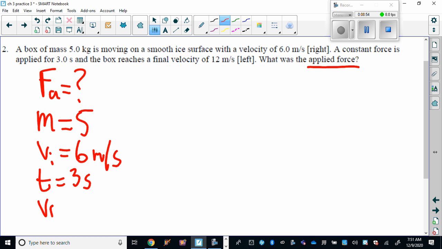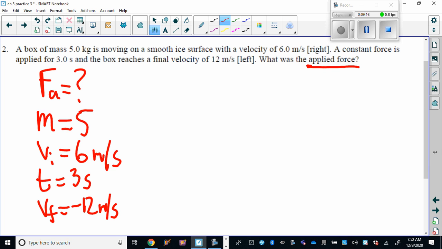And be careful. Here's the crux, the most difficult part of this question, or the little quirk in it. It says 12 meters per second to the left. So if my initial velocity was 6 meters per second to the right, then my final velocity is going to be negative 12 meters per second. And that's where people are going to get caught up in this problem.